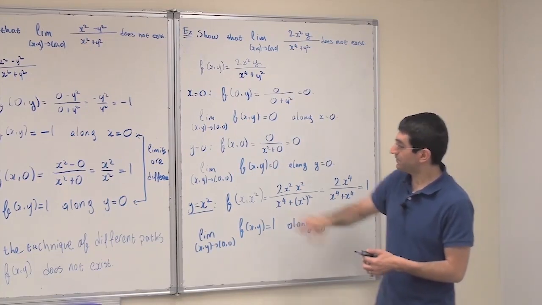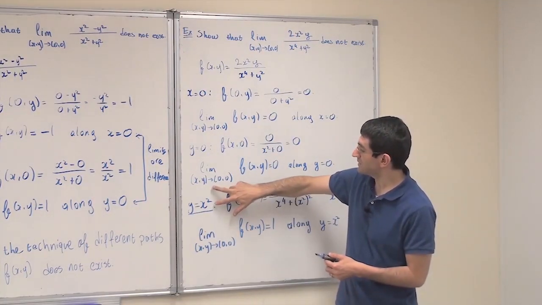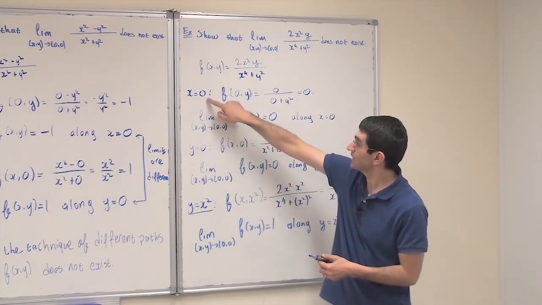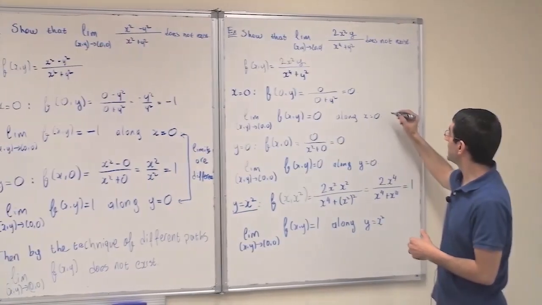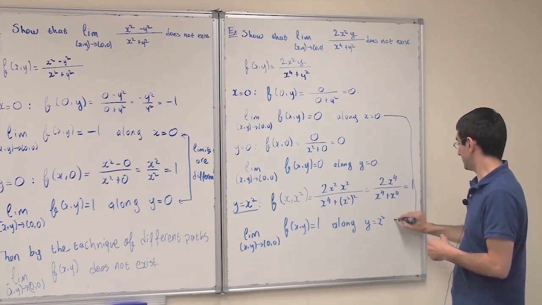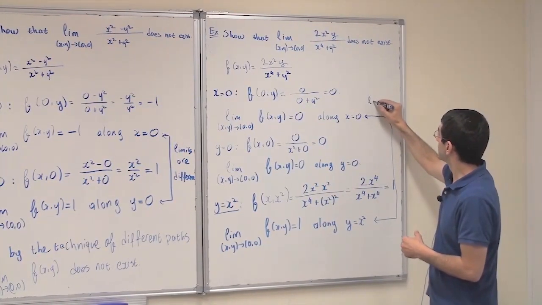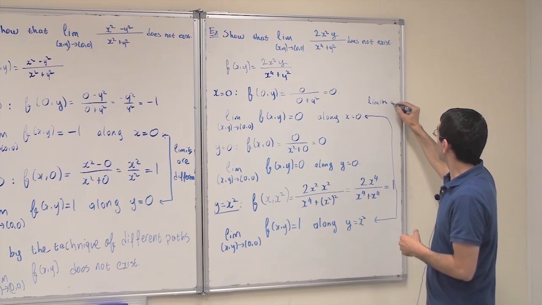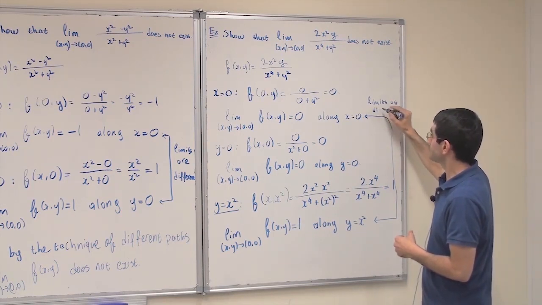At the end, you have found two paths. So let's say y equals x squared and x equals 0, which gave you two different limits. So here, limits are different.